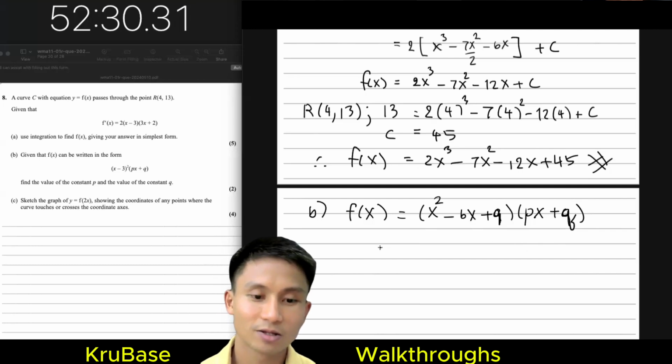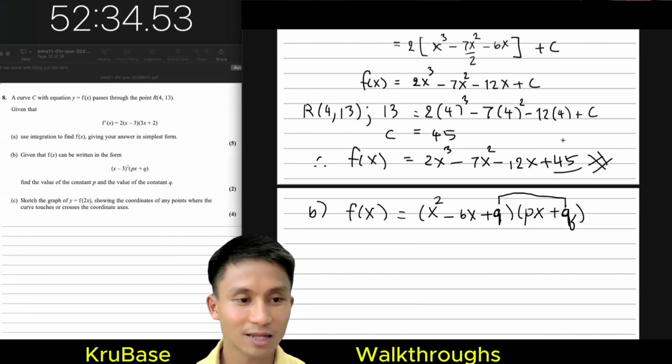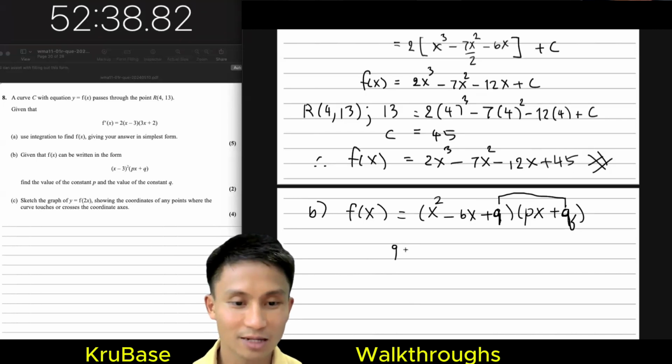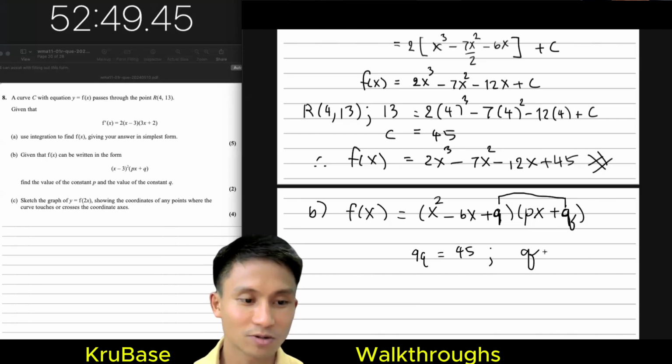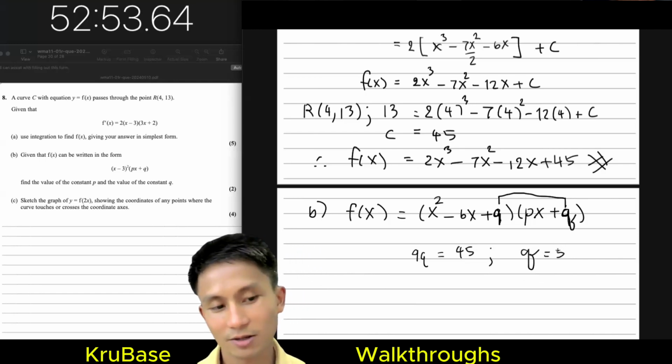So it means that if you multiply 9 and q, you're going to get the last term. That's the only way you get the last term. So 9 times q, that's 9q, right? 9 times q equals 45. That means q is going to be equal to 5. That's easy, right?